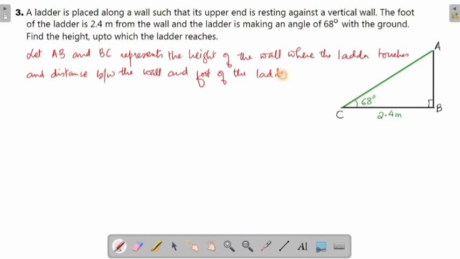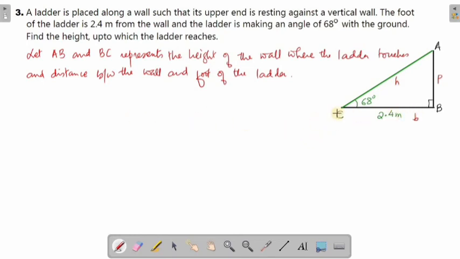Okay, so these are things that you need to mention. This is how you need to mention. Okay, now in triangle ABC, the given angle is 68 degree. And remember, this is the side opposite to the given angle, so that's why this is my perpendicular. Side opposite to 90 degree is my hypotenuse, and the remaining one is my base.